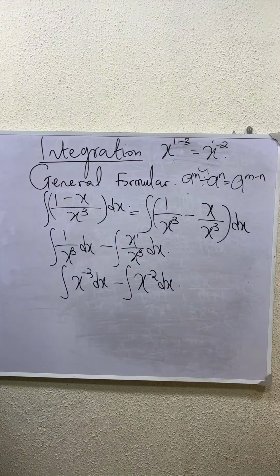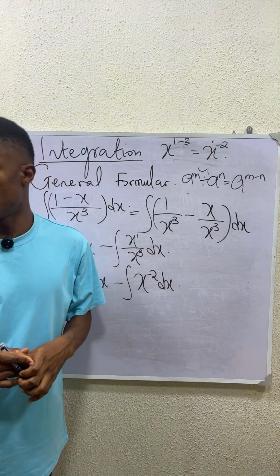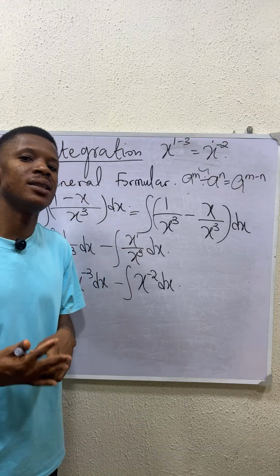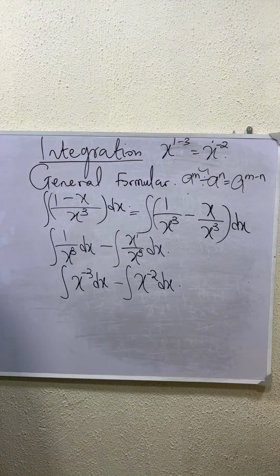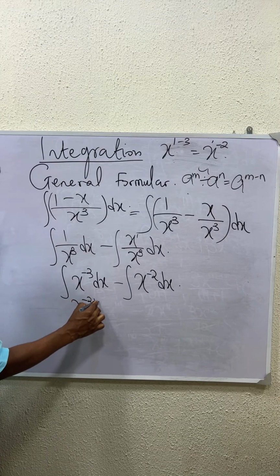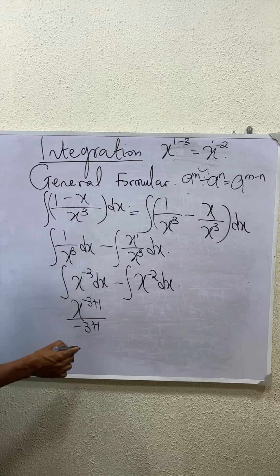Good. Then we apply the rule of integration. What do? Increase the power by 1 and divide by the new power. So what do I have to get? Look at this. This is x to the power of minus 3 plus 1 divided by minus 3 plus 1. Okay?